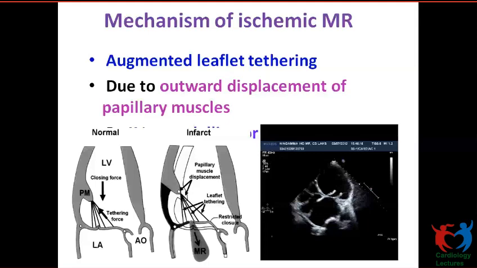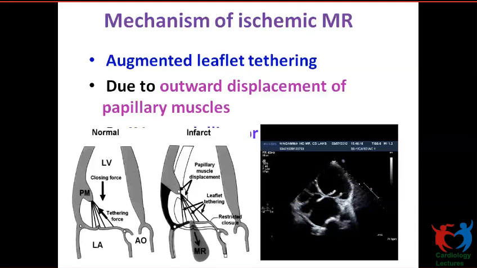Type 2 is increased mobility. We see increased mobility either due to prolapse or flail of the leaflet. I hope you all know what is prolapse and what is flail. What is prolapse? What is flail?